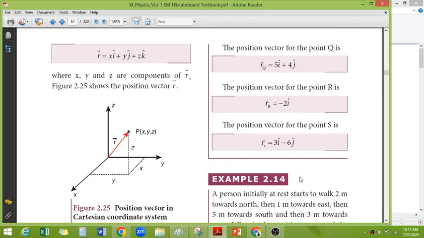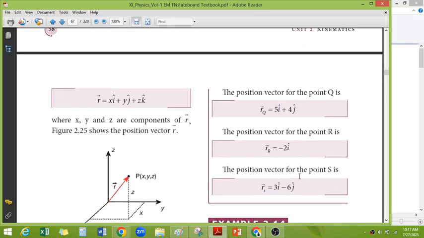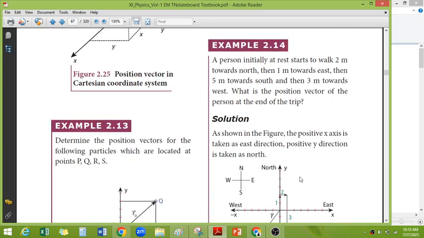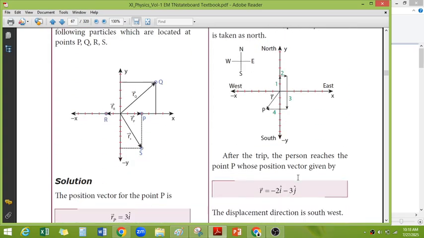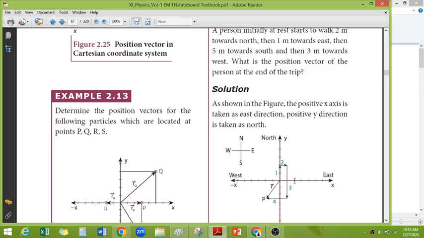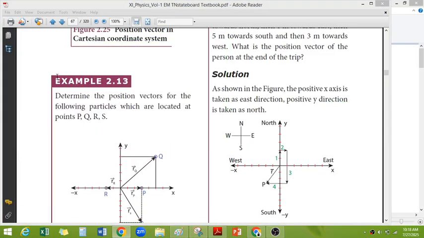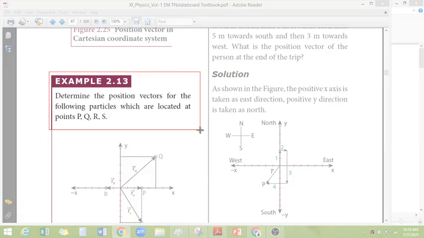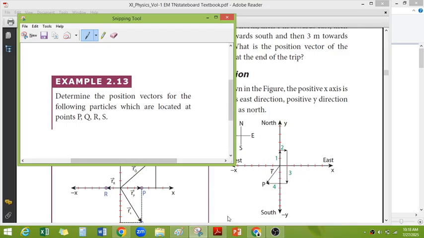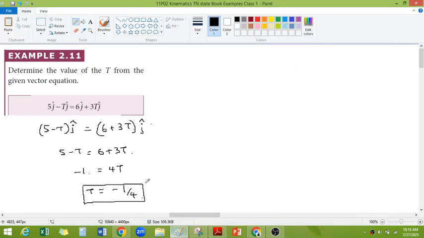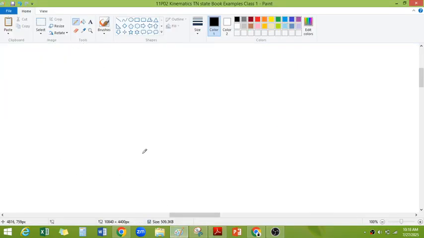Position vector is similar to your xyz coordinate geometry. Okay, so we can do some problems. Probably we'll get some idea. As the name suggests, position vector gives you the position of a point in terms of vector algebra.